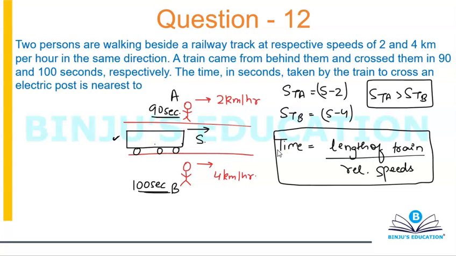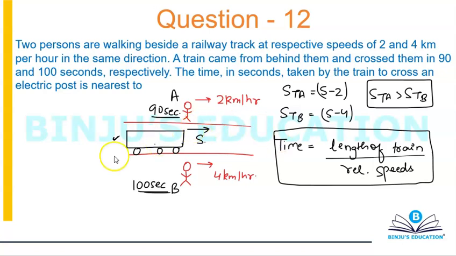Usually trains have a length of 500 meters or 700 meters, and a man or a pole will have a width of like half a meter or even less. So it's not usually taken into consideration unless mentioned in the question. So time taken will simply be length of the train divided by the relative speed.